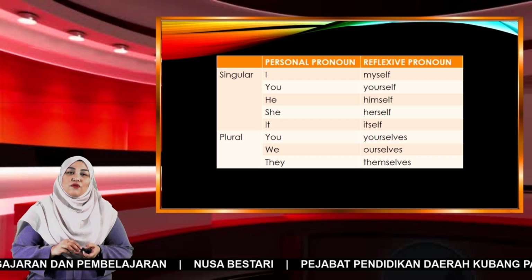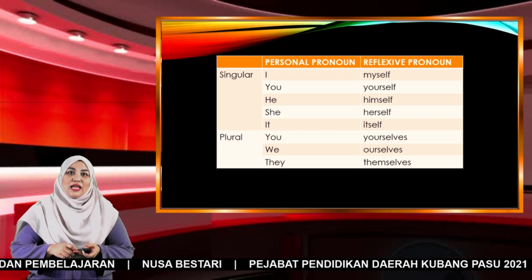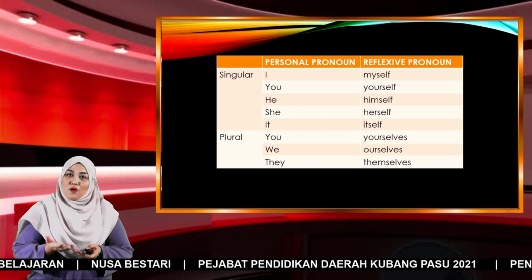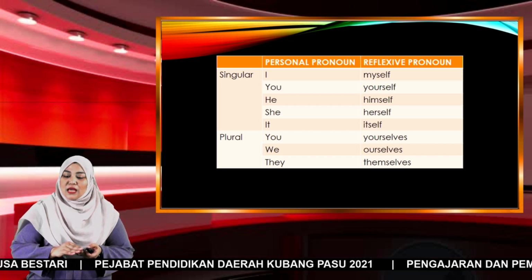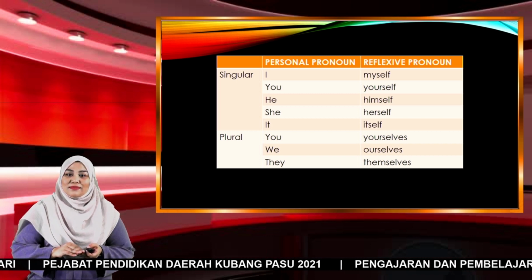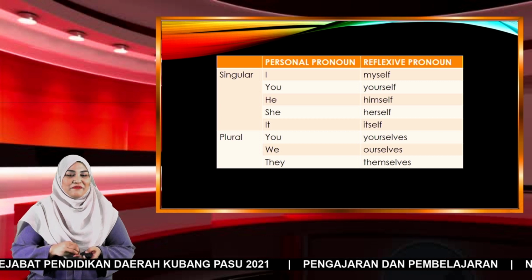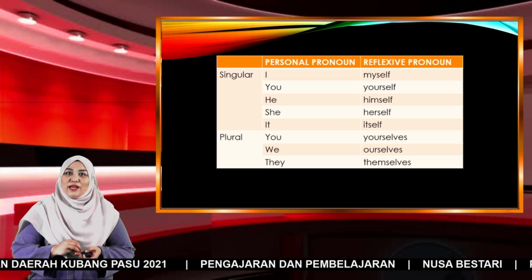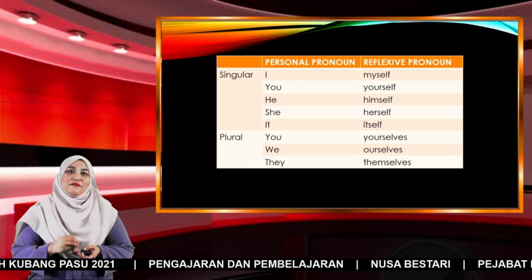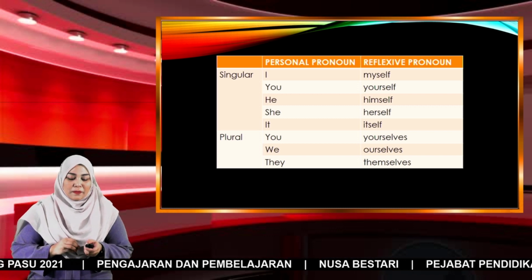First is you for singular, one person. And then we have you for plural, more than one person. Either one must be used with the correct reflexive pronoun. You must read the full sentence to identify which one is for which reflexive pronoun.